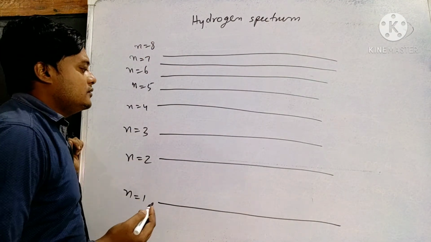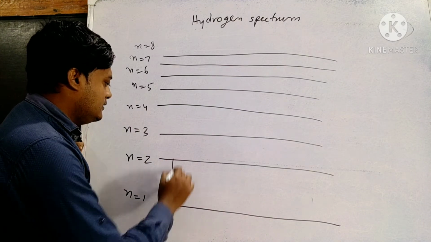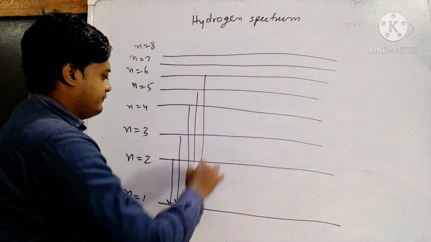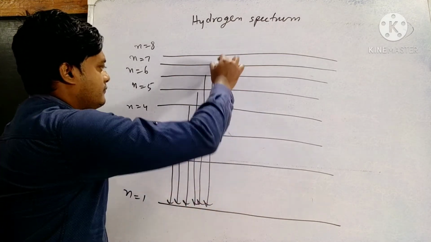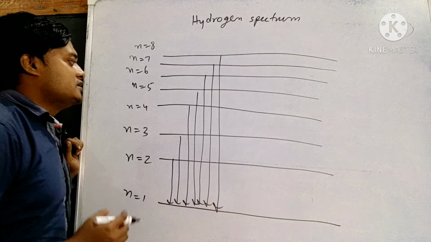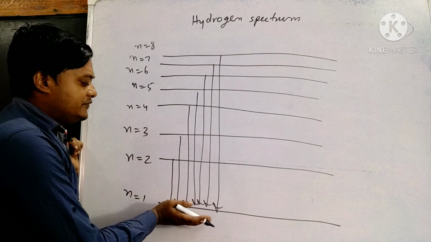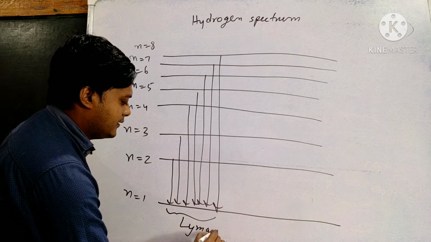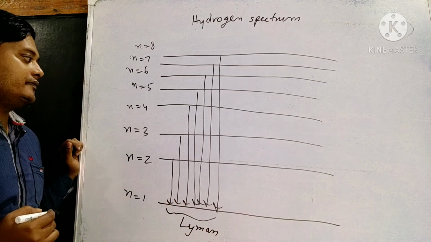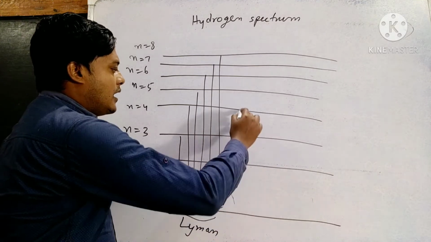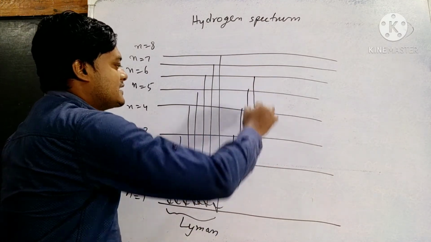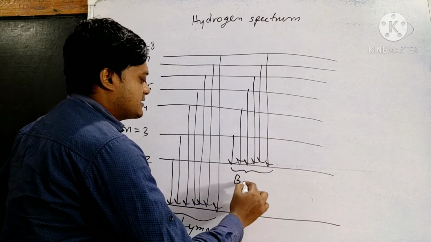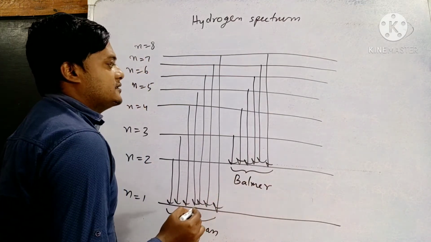Now if an electron jumps from a higher energy level to the first energy level, that is the ground state, then we get the Lyman series. If an electron jumps from a higher energy state to the second energy state, then we get the Balmer series.